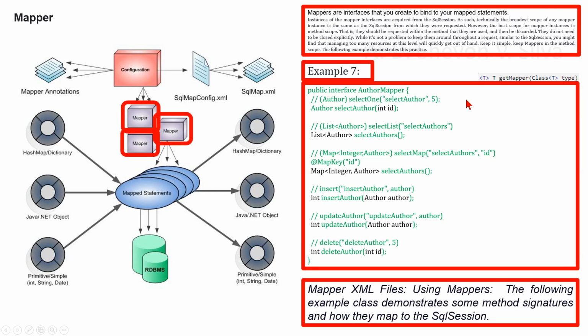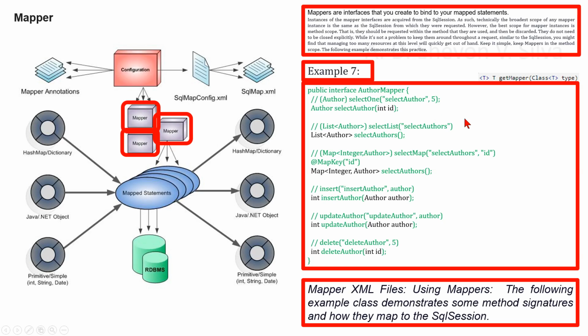Mapper classes. A mapper class is simply an interface with method definitions that match up against the SQL session methods. The following example class demonstrates some method signatures and how they map to the SQL session.